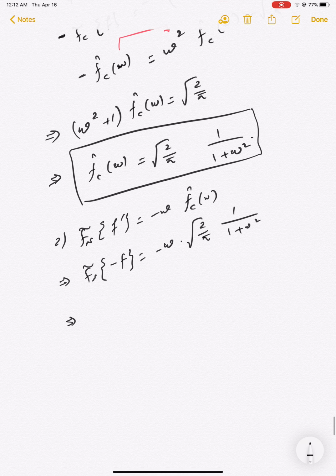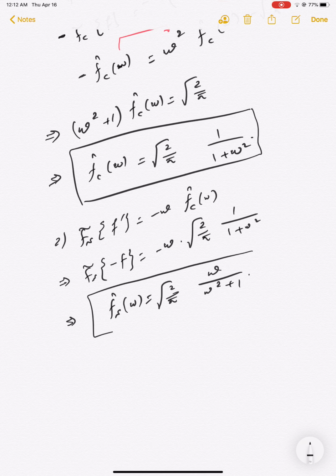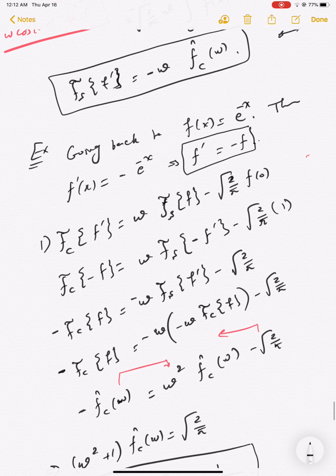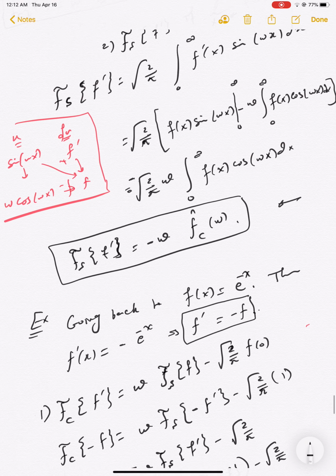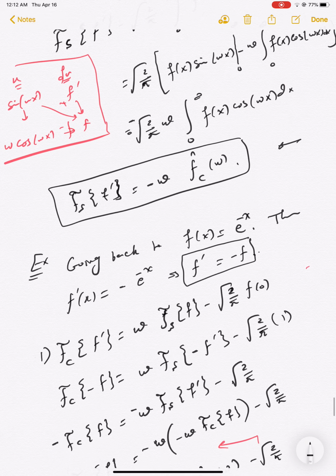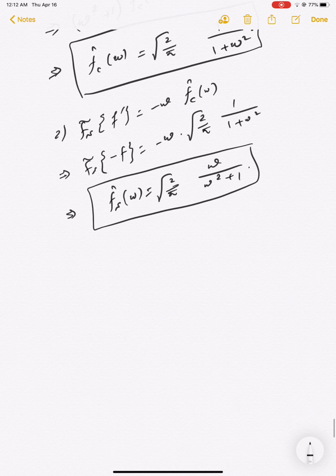So if you take the negative out, then the negative cancels with the negative, and the Fourier sine transform of the function is the root over omega squared plus 1. And again, we had this before if we applied integration by parts. So this is how we apply this formula, the Fourier sine of the derivative or the Fourier cosine of the derivative. These are very nice formulas.